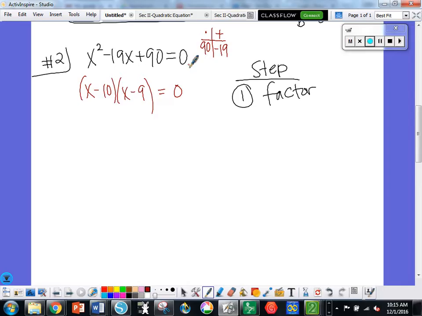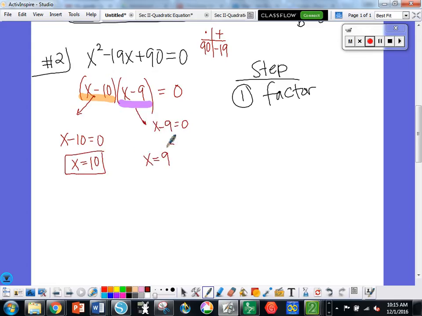Now if I wanted to solve those, that means either this one would be 0 or that one would be 0, right? One of the two groupings has to be 0. So you will have two solutions. From here, which means x equals 10. From here, which means 9.